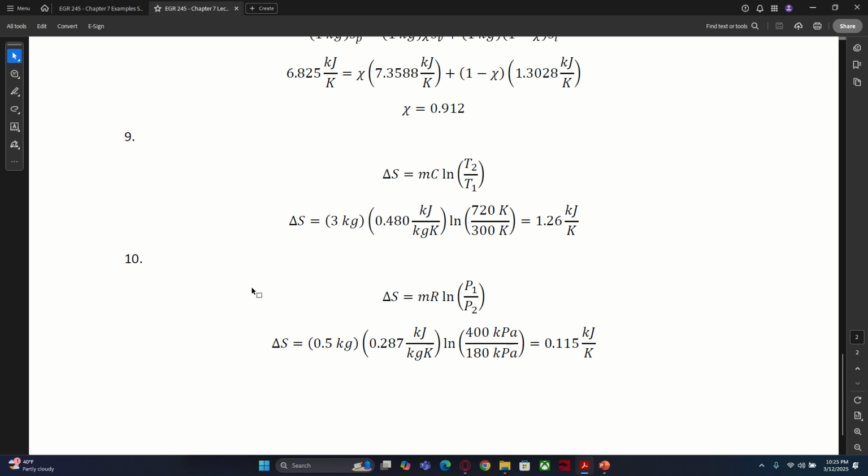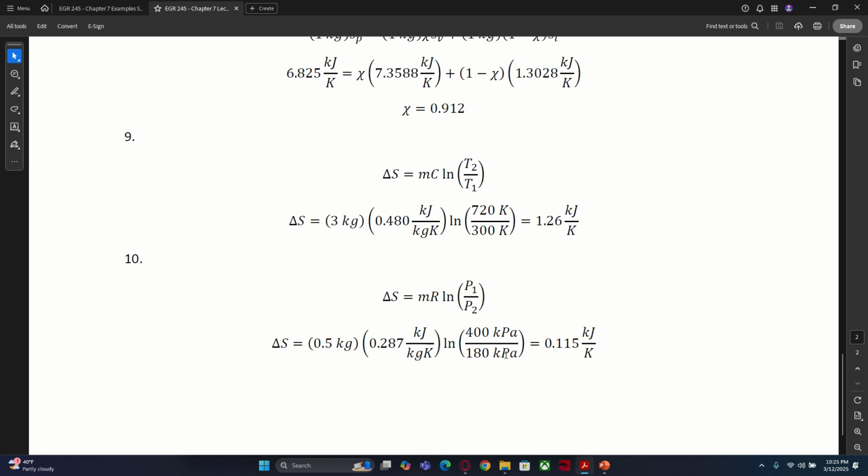Using the values that we were given, change in entropy equals 0.5 kilograms times 0.287 kilojoules per kilogram Kelvin times the natural log of 400 kilopascals divided by 180 kilopascals. Kilograms cancel.